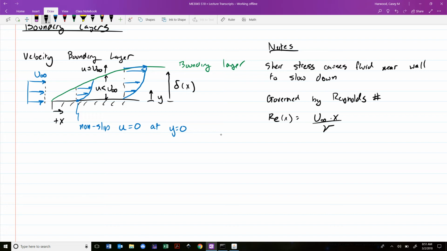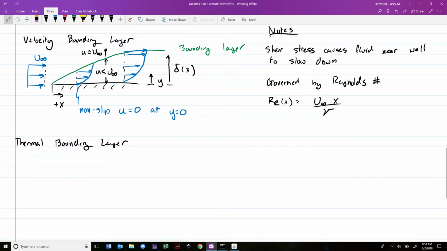I want to talk about its sibling, which is the thermal boundary layer. So similar premise. Suppose we have some surface here, and let's say we were to plot the temperature of the fluid upstream.